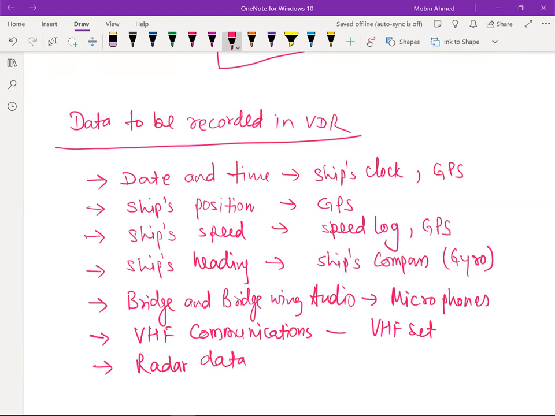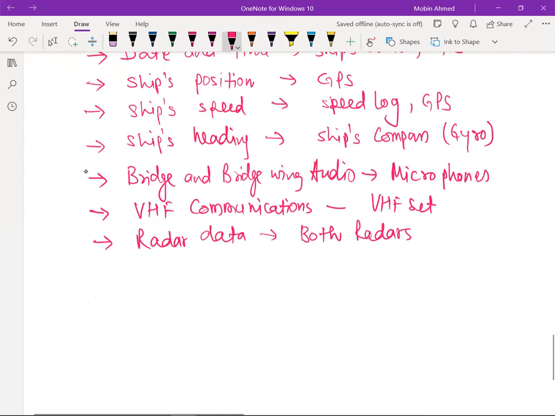Radar data from both the radars. AIS data. So it is going to come from the AIS.